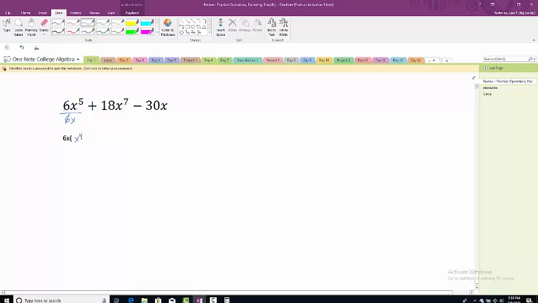I'll take a little sidebar over here and explain to you why that is. We've got x times x times x times x times x. That's x to the 5th because there's 5 of them. And on the bottom we have x. And the x over x cancels, or another way to say that is it's equal to 1.